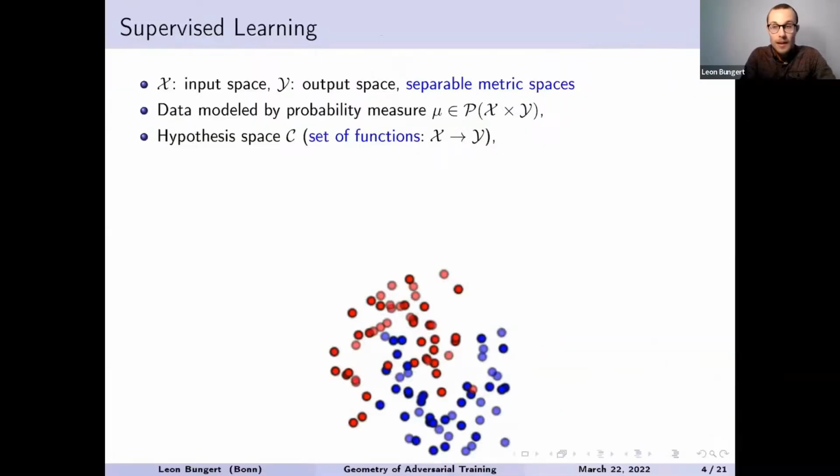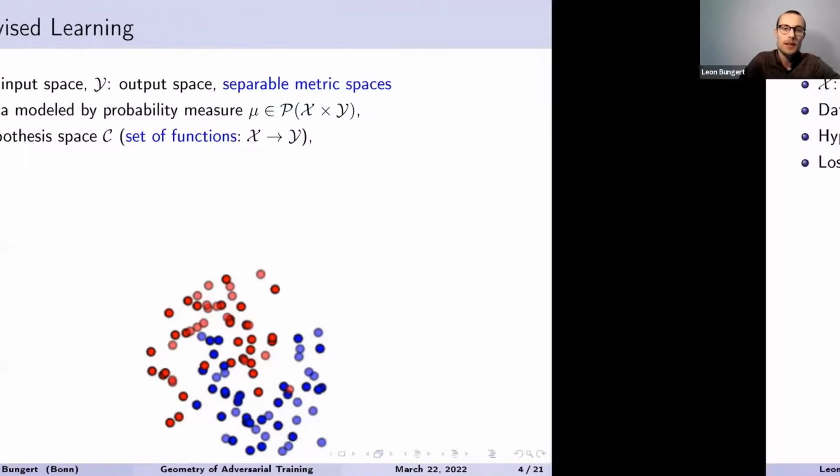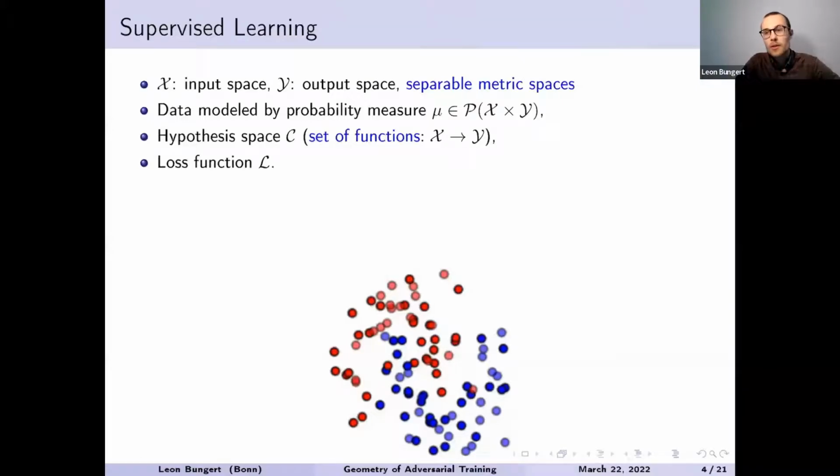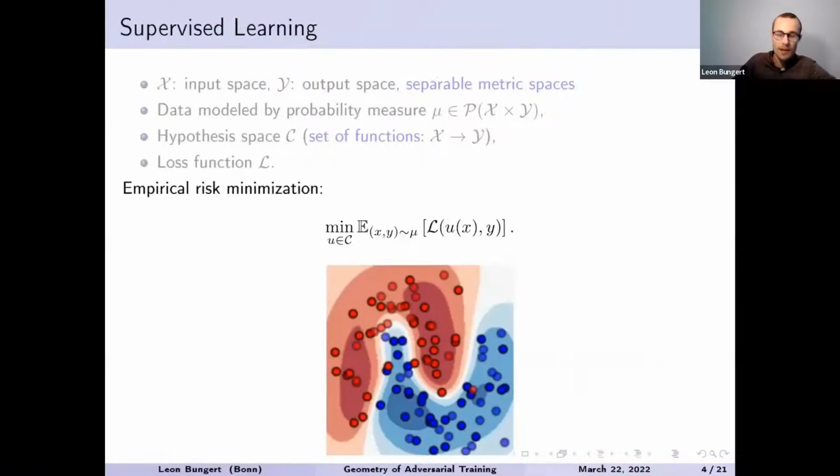Okay, then in addition, you have to specify a space of hypotheses, which is nothing but a set of functions mapping from the input space to the output space. And you would like to use these functions to solve the supervised learning task. But for this, you also have to prescribe a loss function L, all right. Now we can formulate the supervised learning task, which is the following.